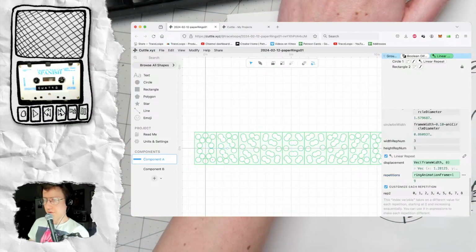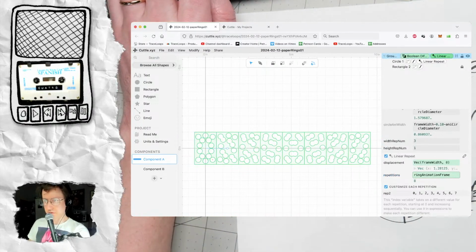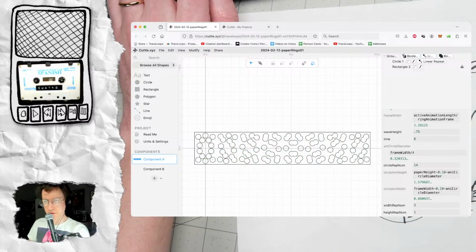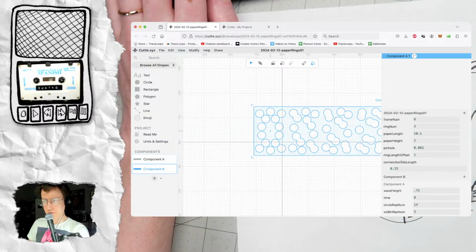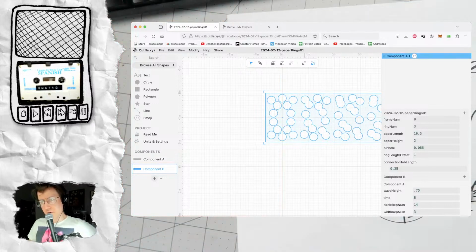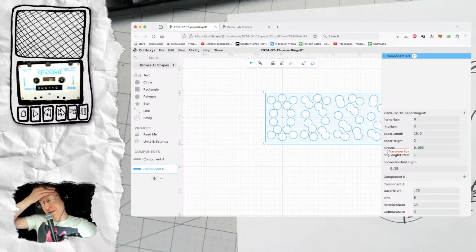So let's delete that. Make this modified Boolean union just for my own sake. Component B, bring this in. How am I thinking of this? I haven't done this in a minute, and so it's tripping me up a bit.